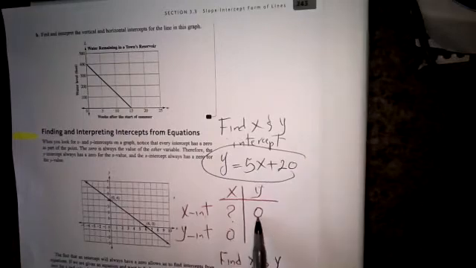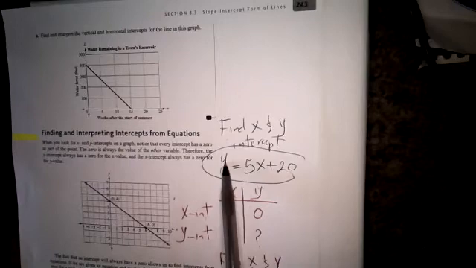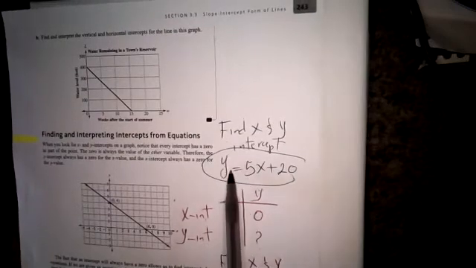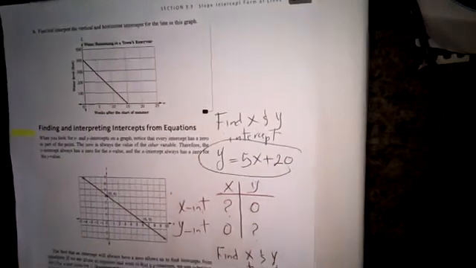If you put 0 for y and you find your x, that is your x-intercept. It means you take this 0 and you put it for the y here. See? When you put 0 for y, then you see these equations.